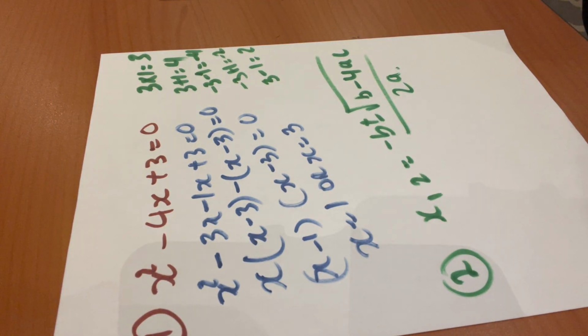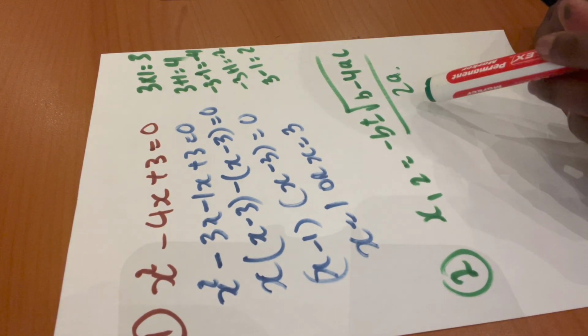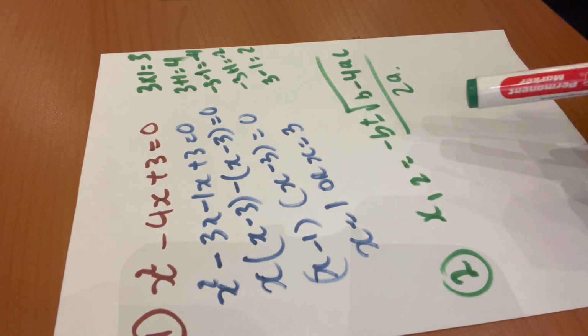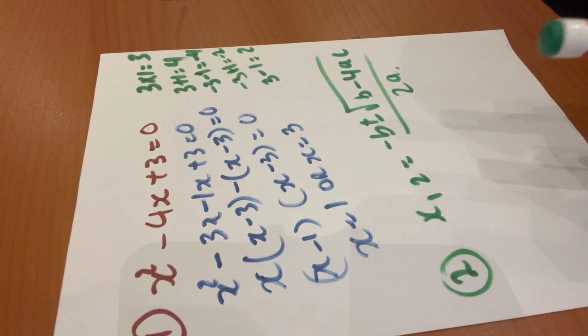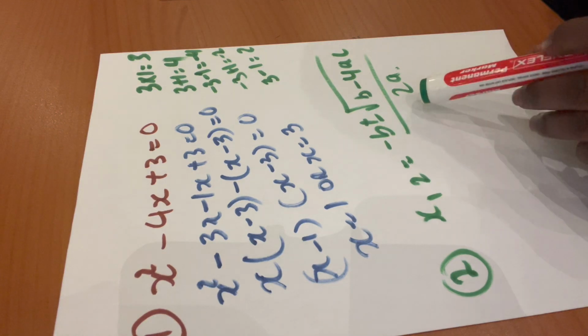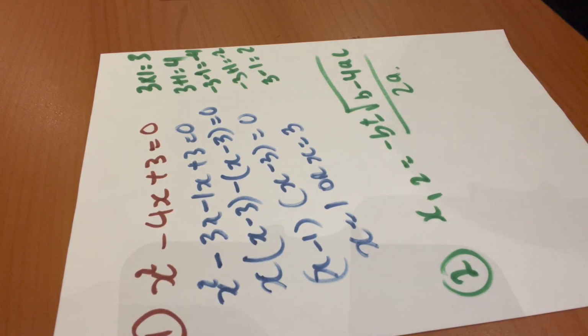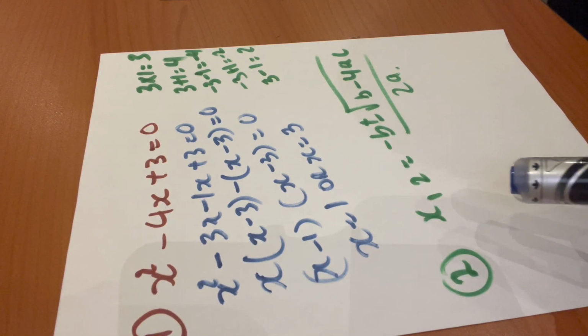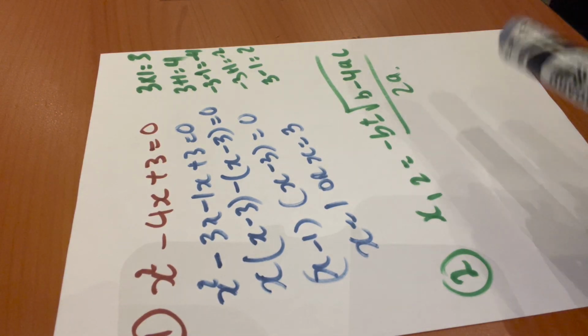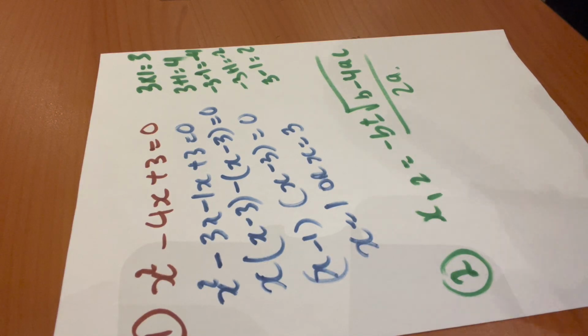If you do not remember this formula, it's on your formula sheet. You don't have to memorize it, but you have to recognize it and know how to use it, so that you don't waste time in the exam paper.